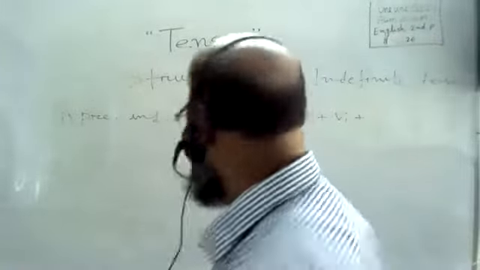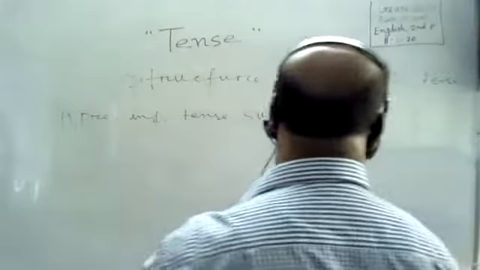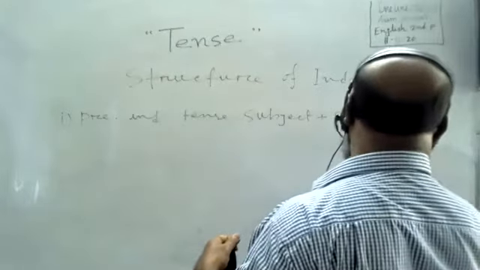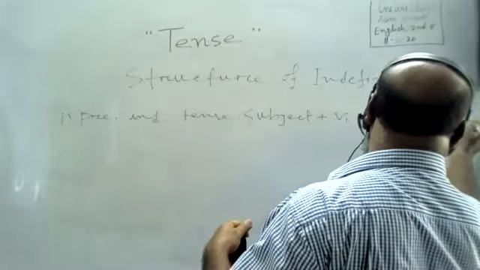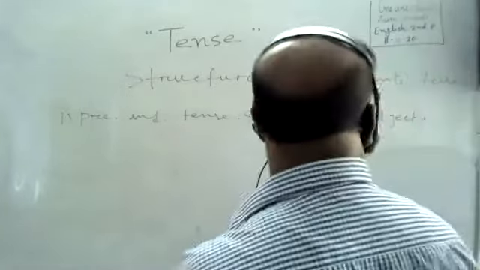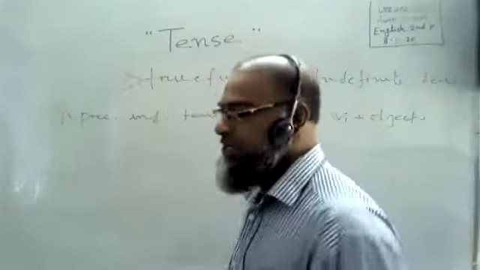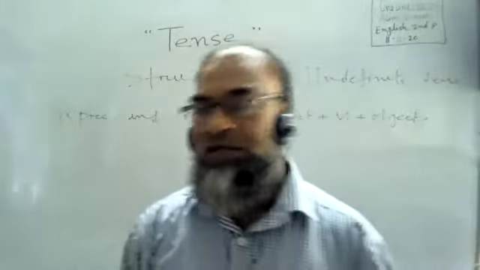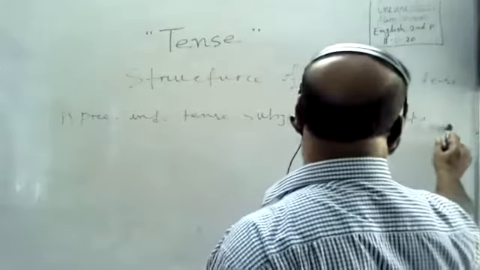So the present indefinite tense structure is: subject plus V1 plus object plus dash dash dash. That means if the sentence is very big or very long, then you should use the next portion of the tense.